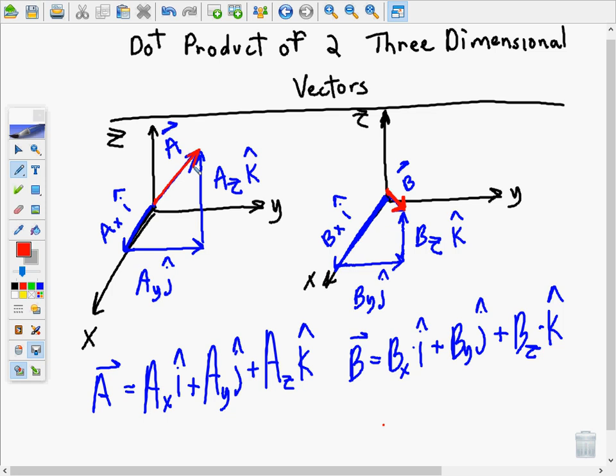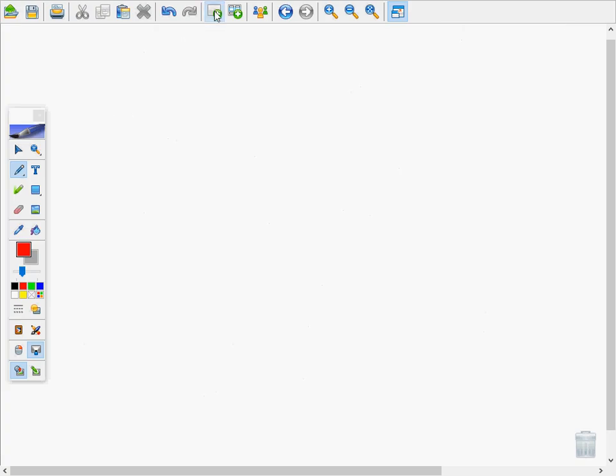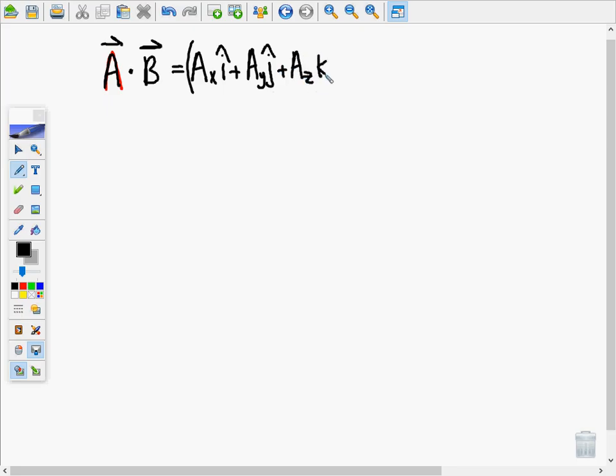All right, so what we need to do is find an expression for A dot B, vector A dot vector B. Y'all ready for this? So I could rewrite A as Ax times i plus Ay times j plus Az times k.